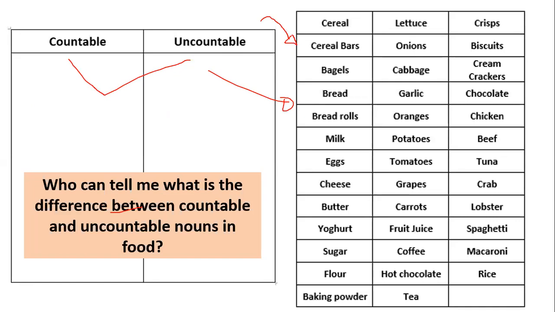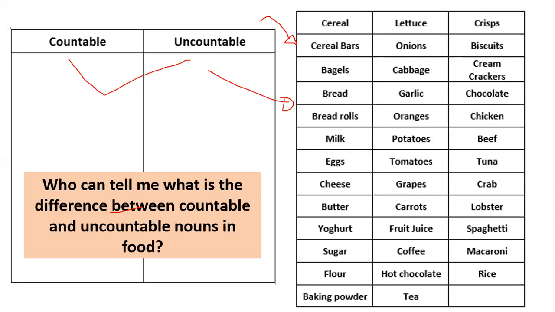You can say it in Spanish and I'll say it in English. Pues que los contables son como a la vista o a la mano y los incontables es lo que no se puede contar como el, no sé, maíz. Okay, yes, so pretty much.